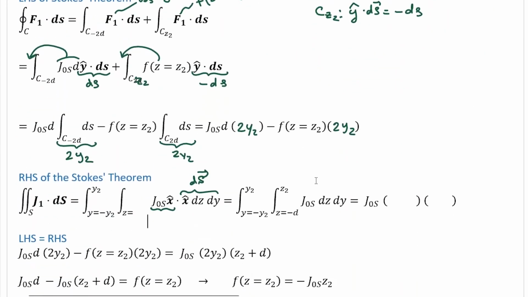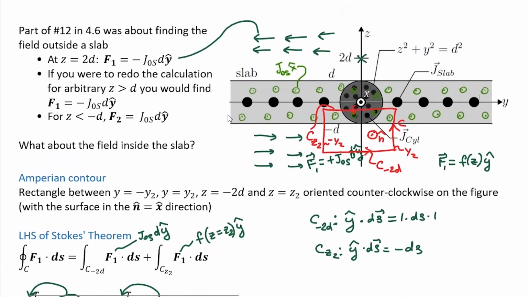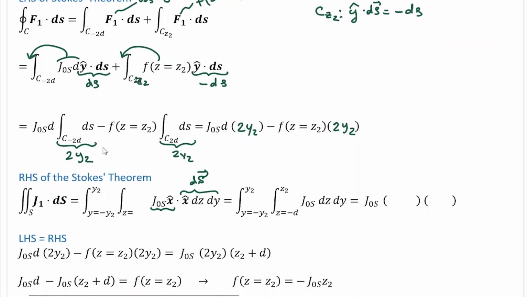Then for the z values, we're going to only integrate over the part of the slab where there is current, so this would be between negative d and z2. The next thing I did is I took x hat dotted with x hat. This was 1. This is what I got here. And then I integrated, and I got J naught S is a constant. Integration over y gave me this, and integration over z gave me z2 plus d.